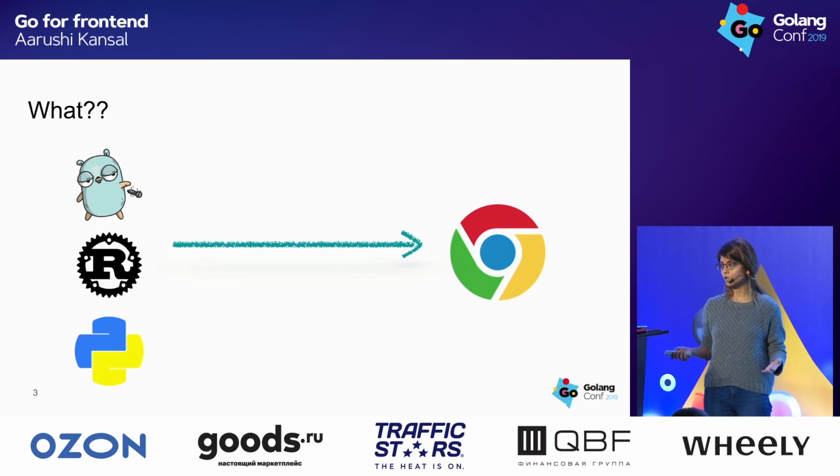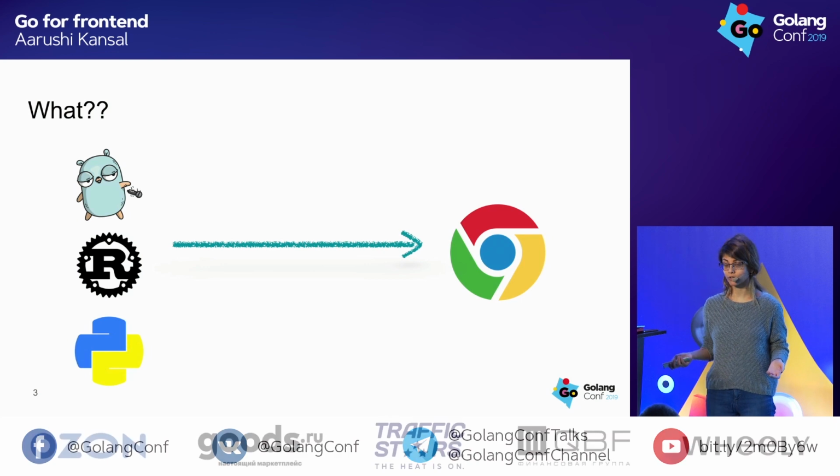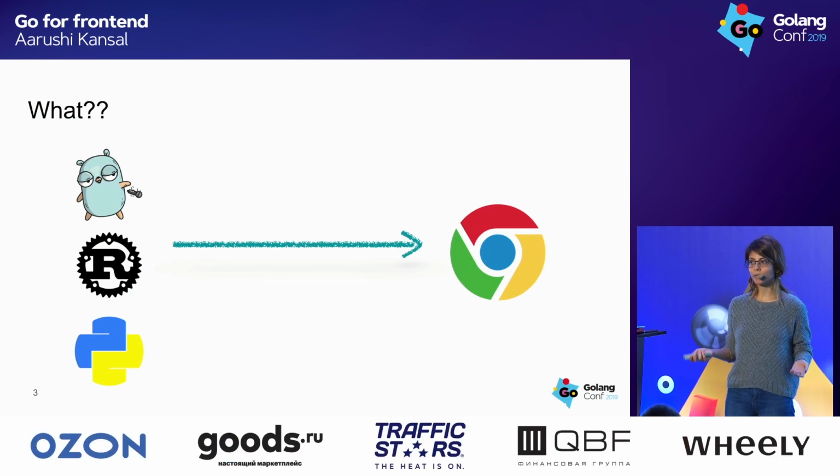So essentially, you can take a server-side language, such as Go, Rust, or Python, compile it down to WebAssembly bytecode, and then run that module in your browser. And most major browsers currently support WebAssembly, except I think Safari, but there are ways around that as well.